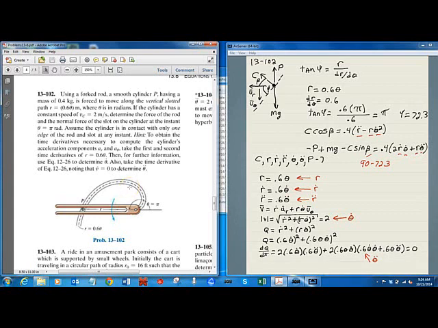Okay, so what I did was plug into the formula for Q, which was right here, because it had nothing but theta and theta dot in it, rather than this one. Rather than using that one, I'll use this one down here.